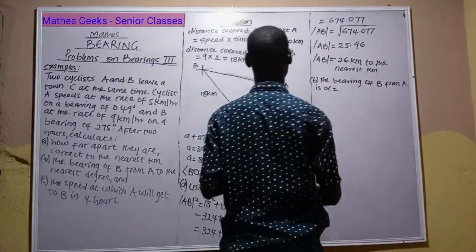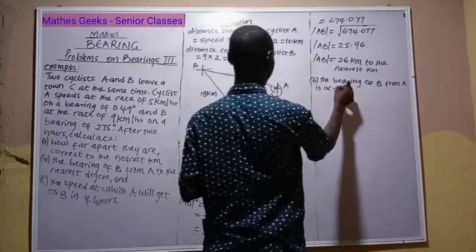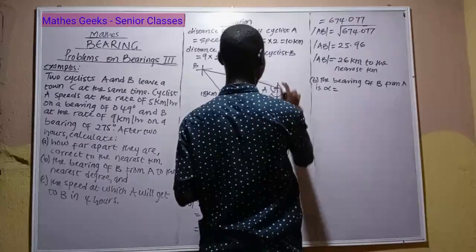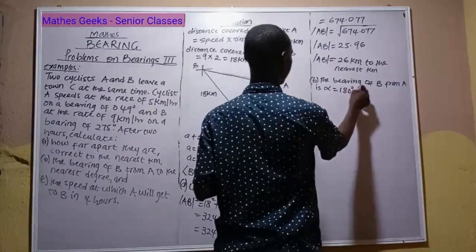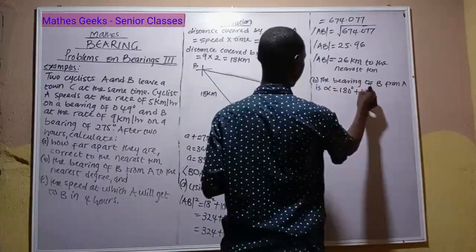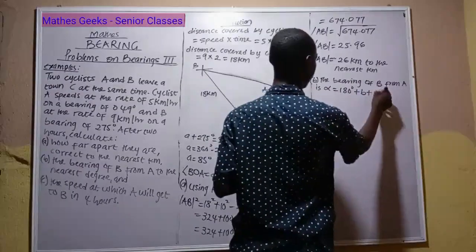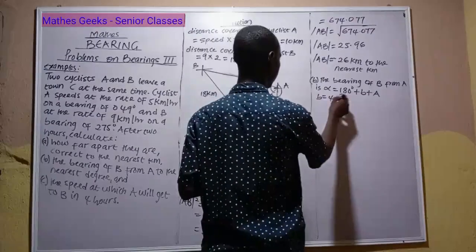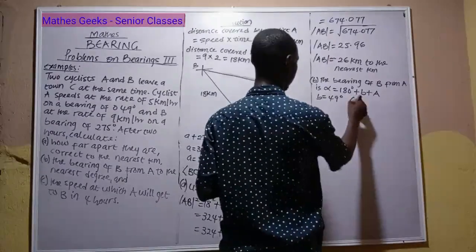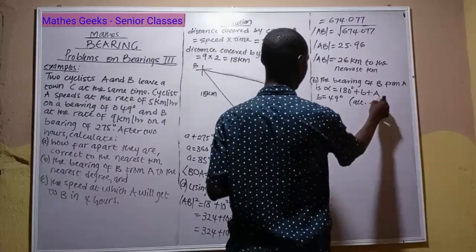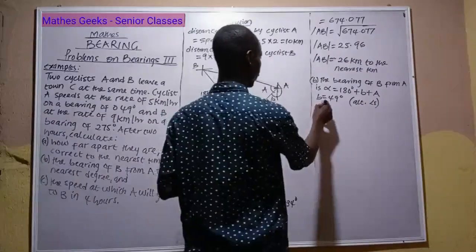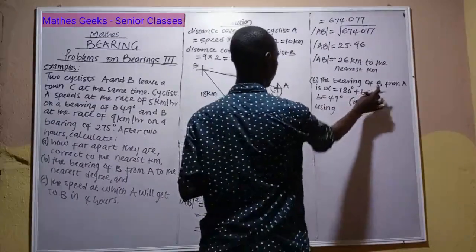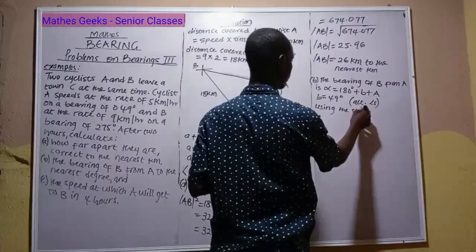Alpha equals, from north to south is 180 degrees, 180 degrees plus B and then plus E. But B is equal to 49 degrees. Why? Alternate angles.